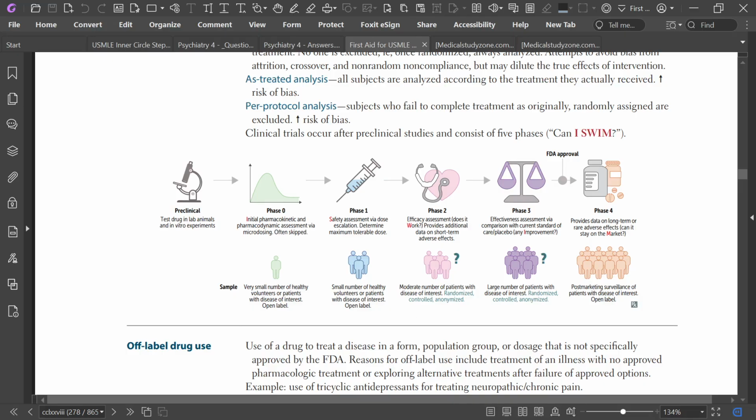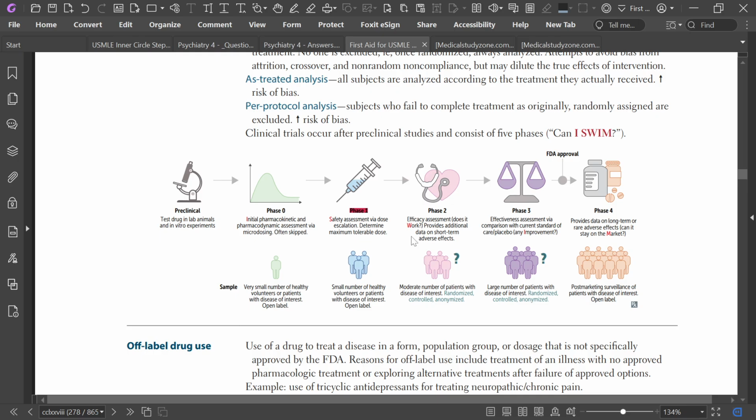As far as I remember, do you know the number? No, I just know it's a small number. Okay, very small number, then initial pharmacokinetic and pharmacodynamic assessment. And phase 1, like our question stem: safety assessment via dose escalation and determining the maximum tolerable dose.